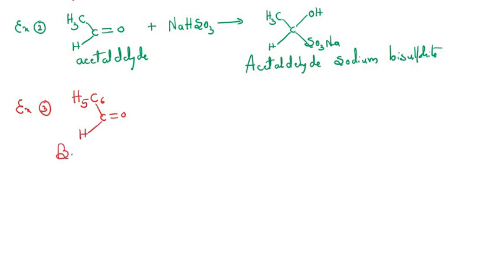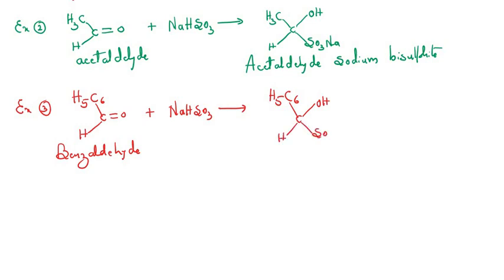So this becomes benzaldehyde, and this benzaldehyde with NaHSO3 gives C6H5, C, OH, a hydrogen, and SO3 Na, and the compound is now called benzaldehyde sodium bisulfite.